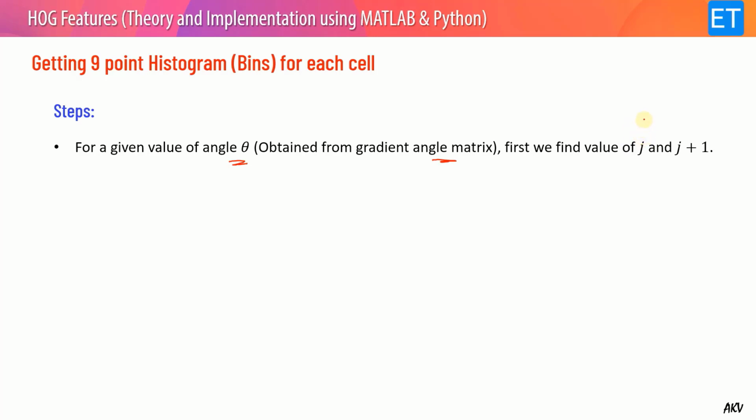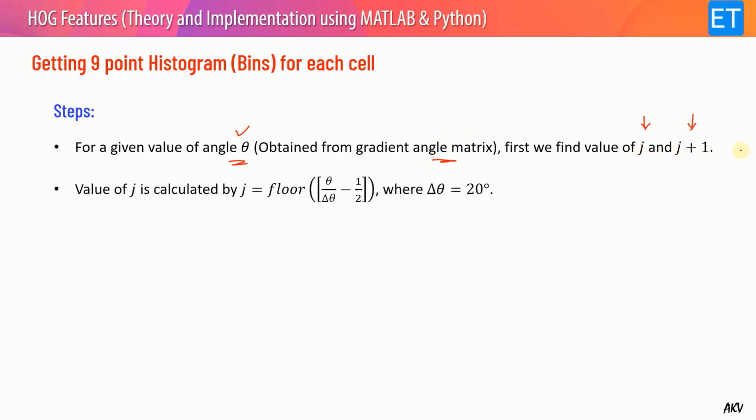That is obtained by these numbers j and j plus 1. That means for the given angle we have to modify the magnitude of the jth and j plus 1th bins. This j can be found by this equation: j equals floor of theta upon delta theta minus 1 upon 2. Here theta is your given angle, and delta theta, as I have already shown, is 20 degrees, that is the size of the bin.